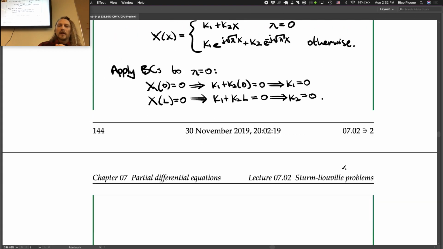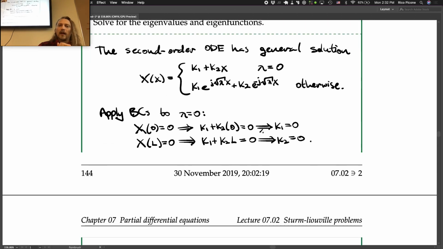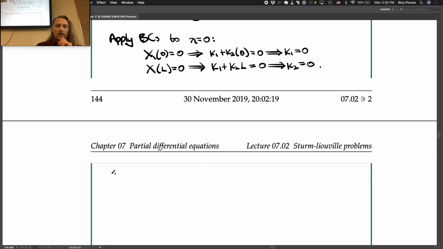Our solution then, if k1 and k2 are 0, for lambda equals 0, what is our solution? 0. So this gives the trivial solution, which is that X of x equals 0.